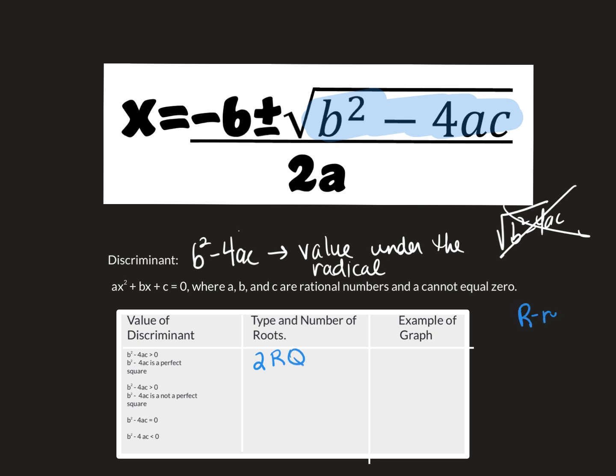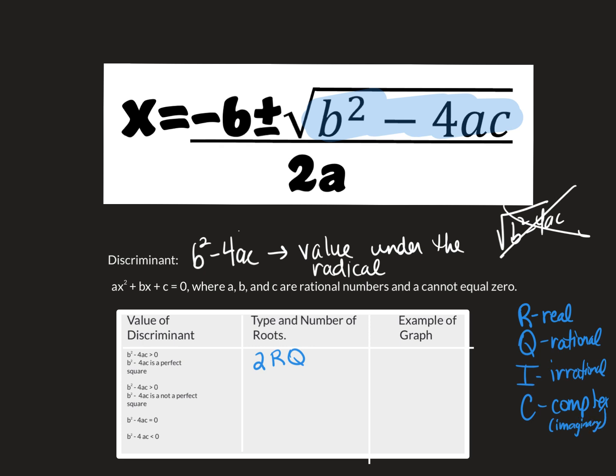R stands for real, Q stands for rational, I will stand for irrational, and C will stand for complex, which means you'll have an i, imaginary.